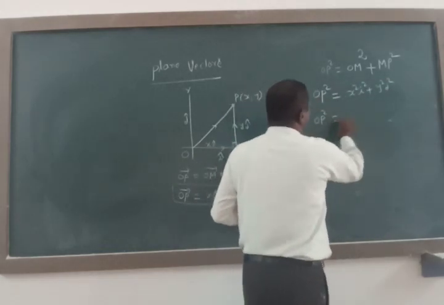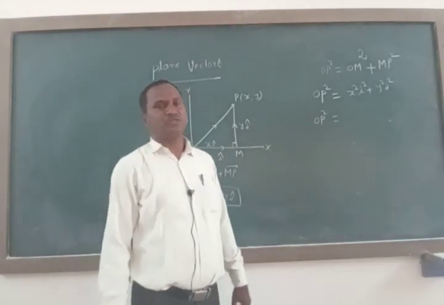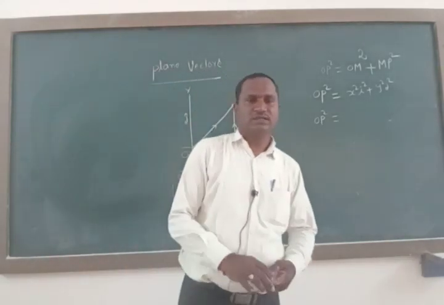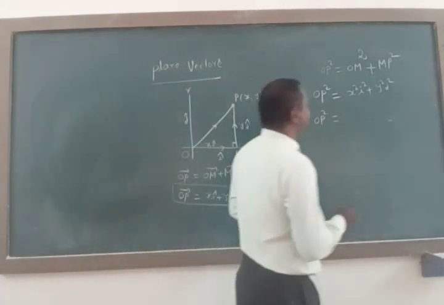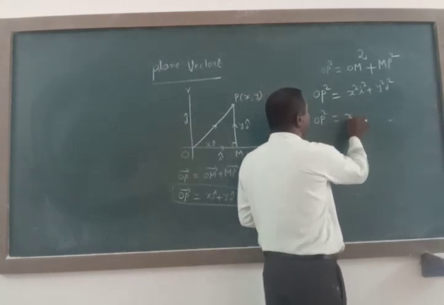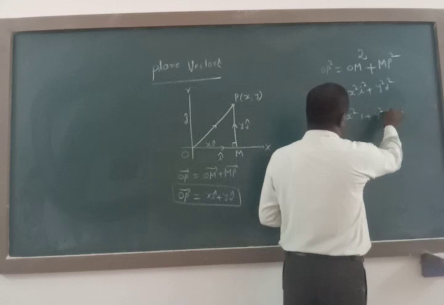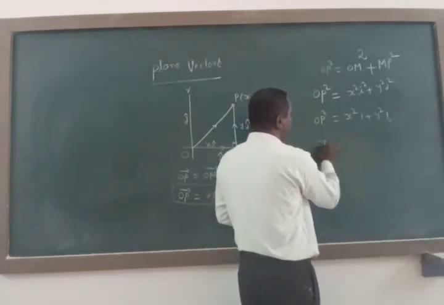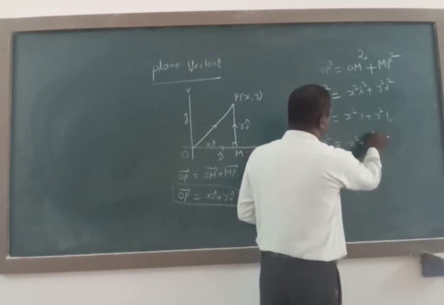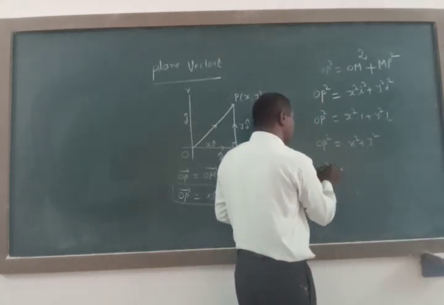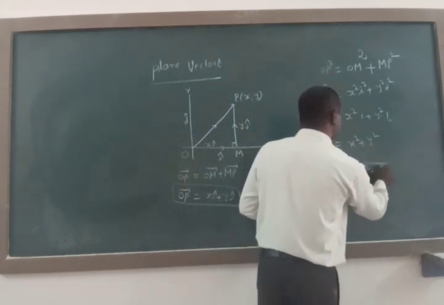I already told you that i and j are basic unit vectors, so their values are always equal to 1. Instead of them I write 1, so x square into 1 plus y square into 1. That is OP square is equal to x square plus y square, or OP is equal to the square root of x square plus y square.